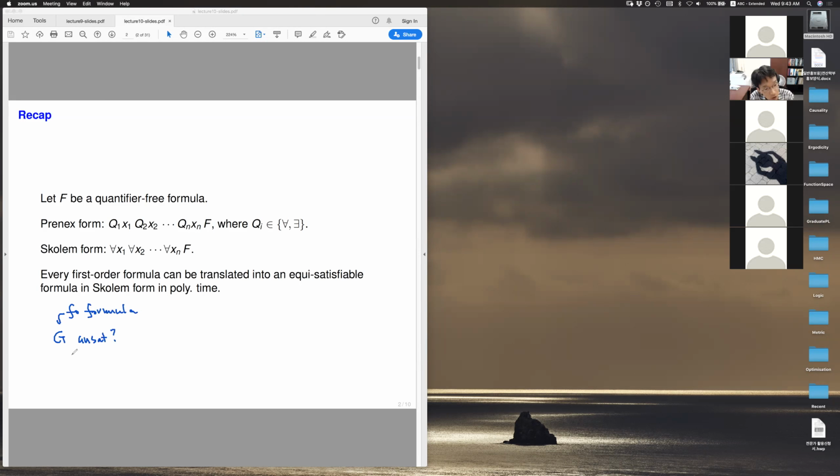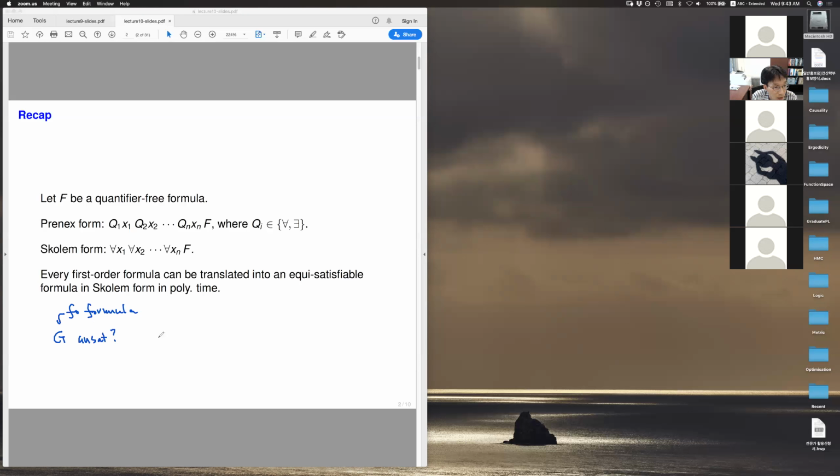Typically this unsatisfiability question makes sense because we are trying to prove by contradiction. If you want to prove some implication, you put in a negation of the conclusion and prove by contradiction. So typically we are interested in answering this unsatisfiability question.